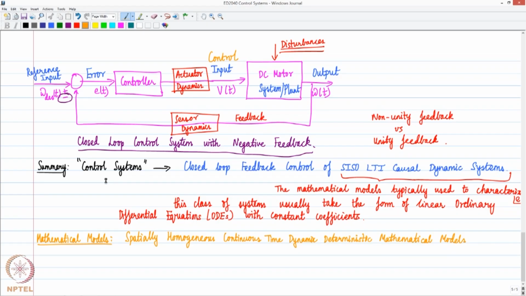So, in summary, what we are going to do in this course is closed loop feedback control of SISO LTI causal dynamic systems using spatially homogeneous, continuous time, dynamic, deterministic mathematical models. That is what we are going to learn how to do in this course. Subsequently, we would have a brief recap of the mathematical background required to do this analysis.